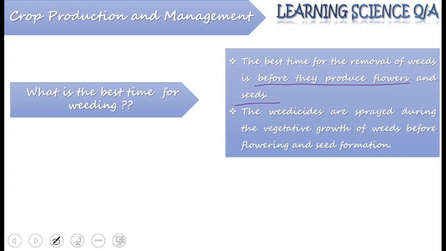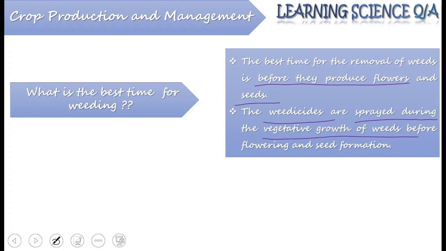Similarly, if you are using chemical spray, weedicides are to be sprayed during the vegetative growth of the weed, before flowering or the seed formation. That means the vegetative period is the period until flowers or seed have been produced by a plant. So weed removal or weedicide spray has to be done before the production of flower or seed.